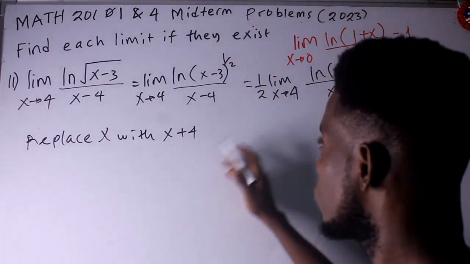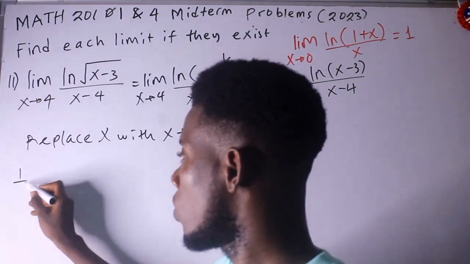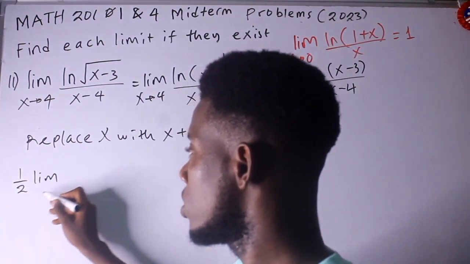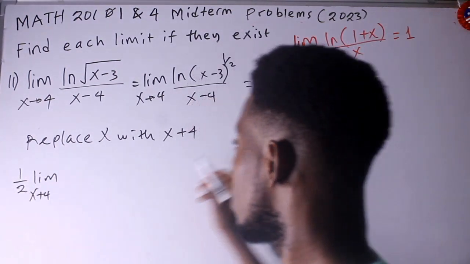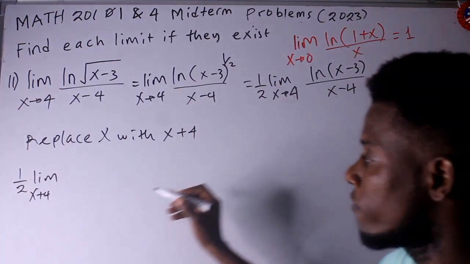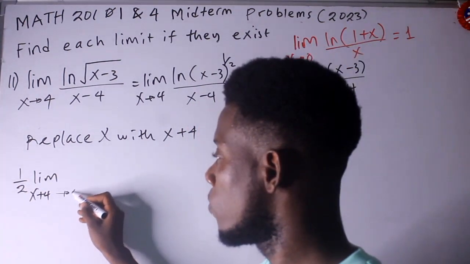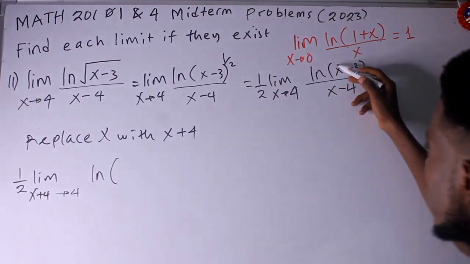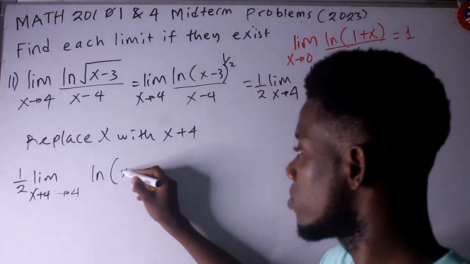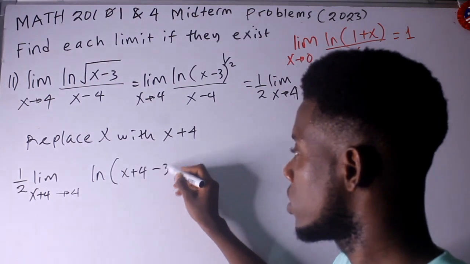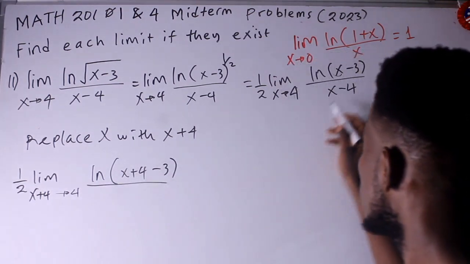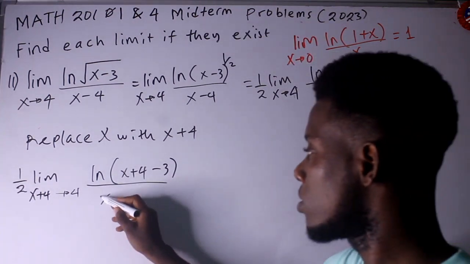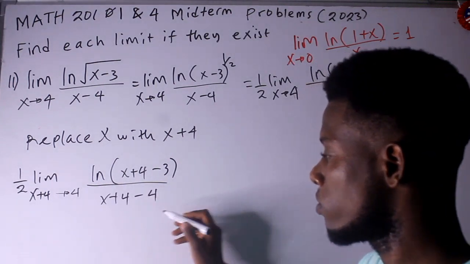So we have 1 over 2, the limit, as x plus 4 approaches 4, of the ln of x plus 4 minus 3, all divided by x plus 4 minus 4.